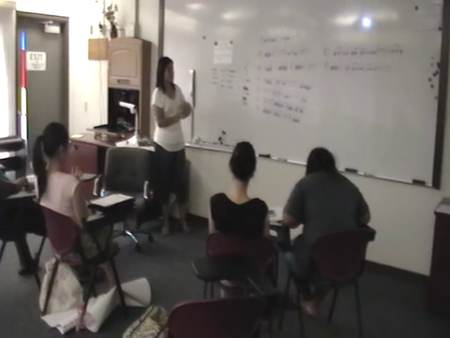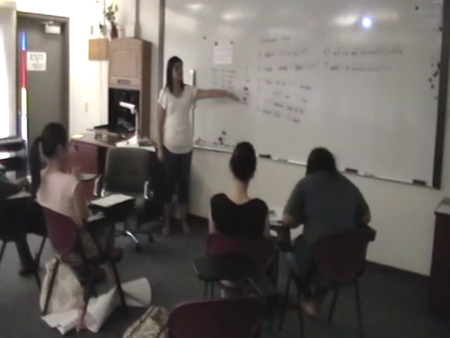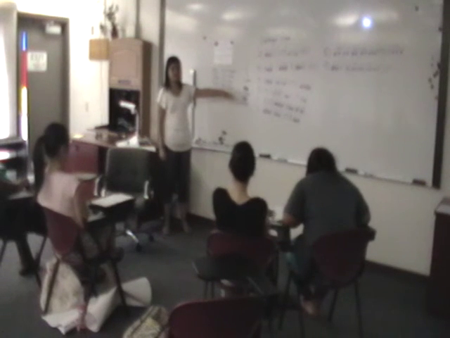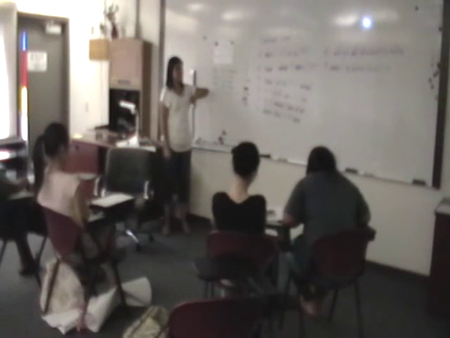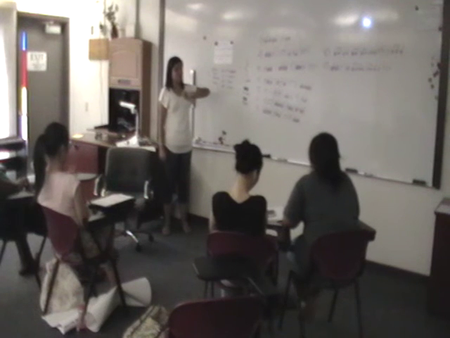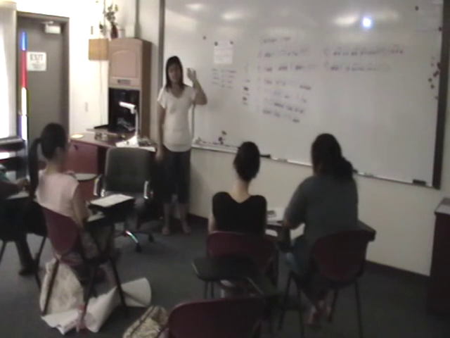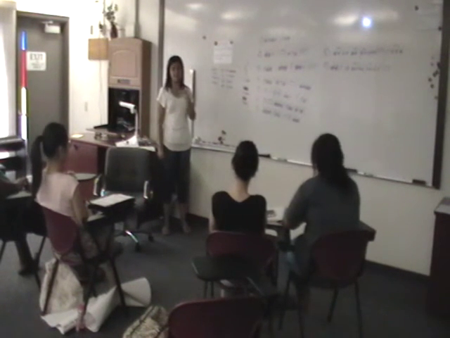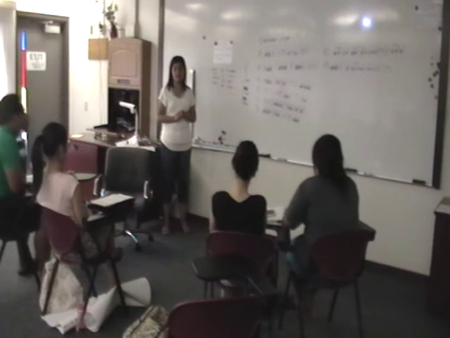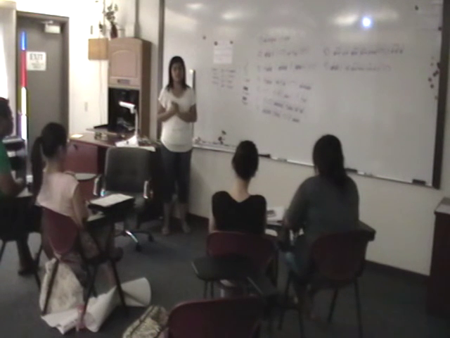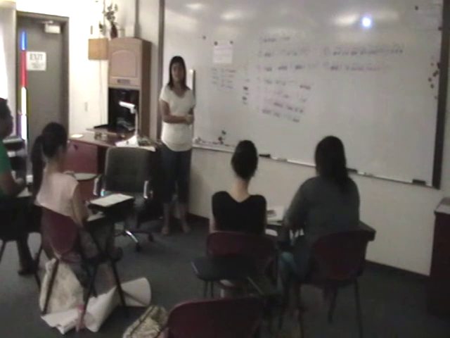I'm going to point to a number, and the first person or the first team to raise their hand, I'm going to let them count and clap it out. If they do it correctly, then you guys get a point. But if you get it incorrectly, the other team has a chance to steal your point.